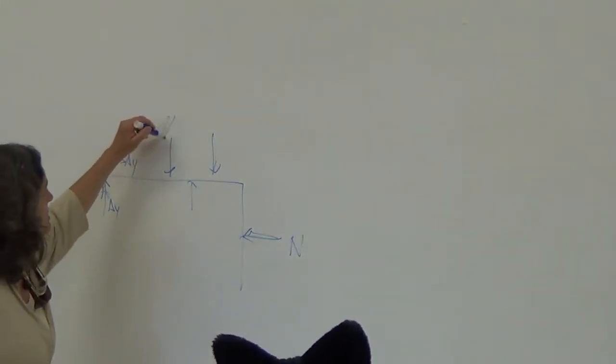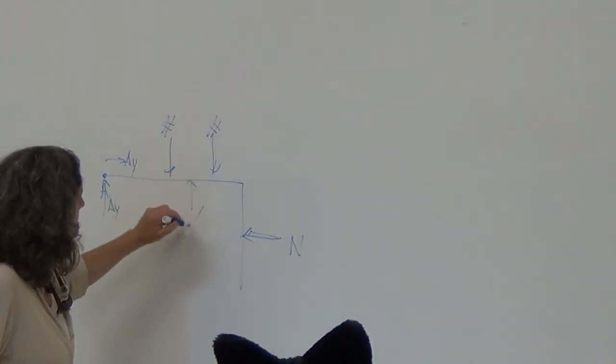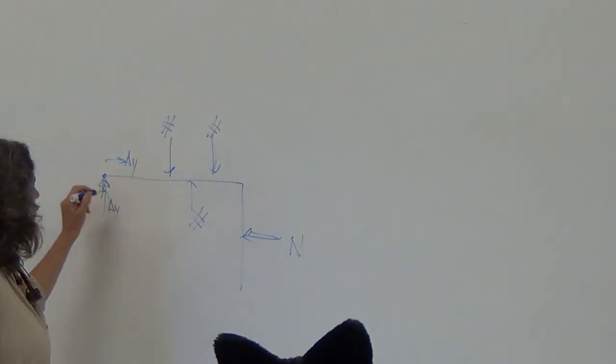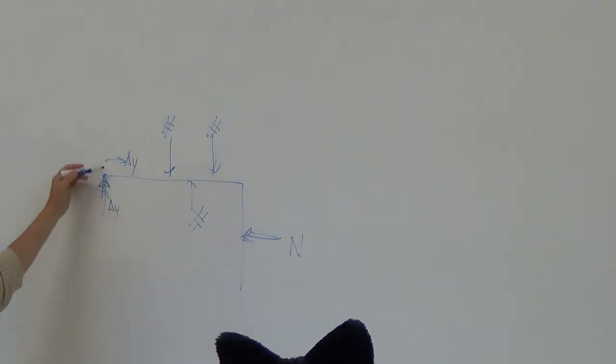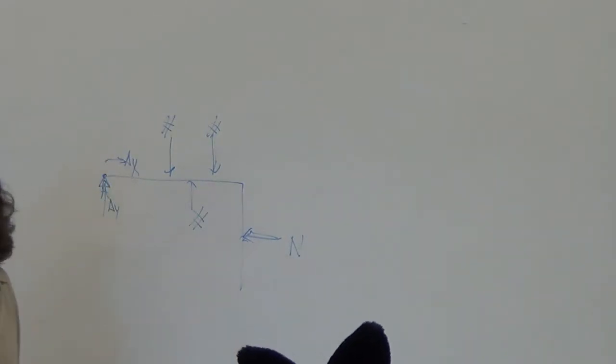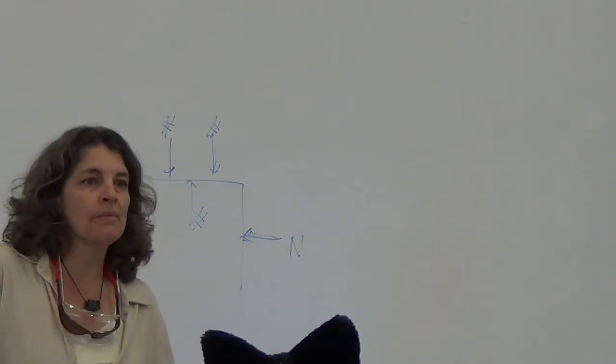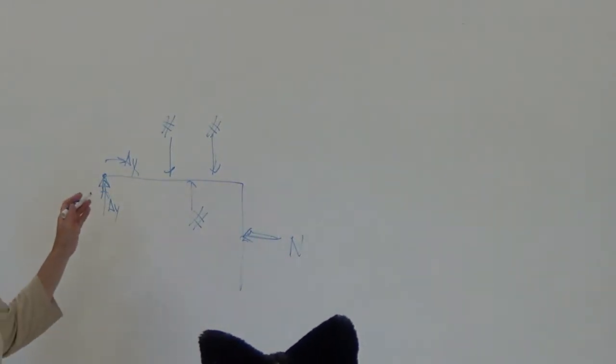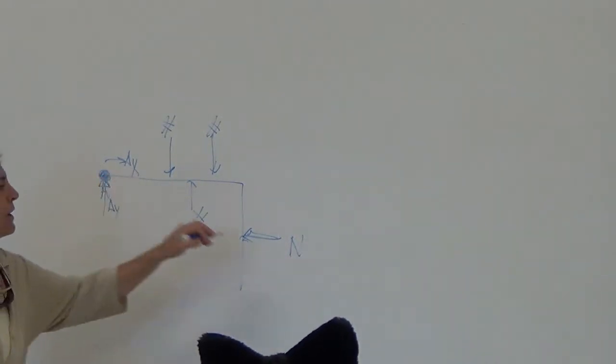This number is given, this number is given, this number is given. Here there's a pin, here there's a roller, you know there's an AX, and AY, and you know a normal, and it says find the normal. So, do you have to do the given? No. Find? No. Table? No. Components? No. So all you need to do is what? Sum of the moments about this point, and you get the normal.